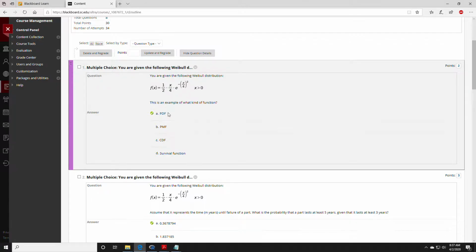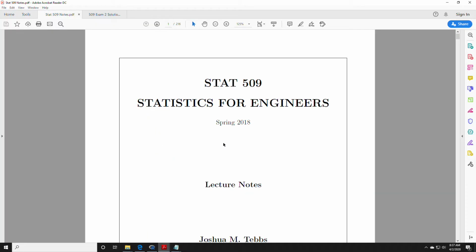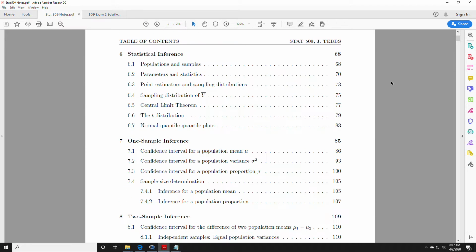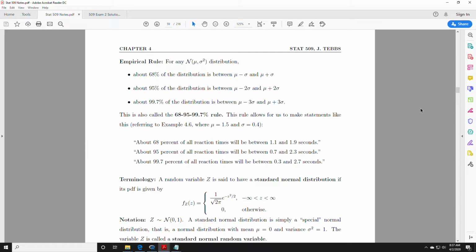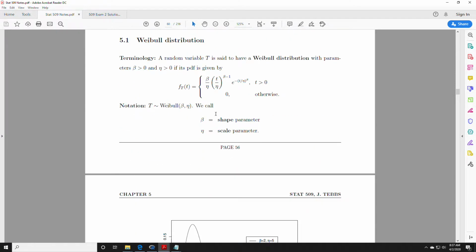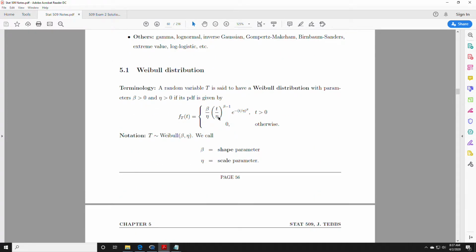Area under the curve is 1, which would verify that it's a probability density function. Probably you just recognized it though, or you could simply look it up as being the density function, or probability density function PDF, for a Weibull distribution.